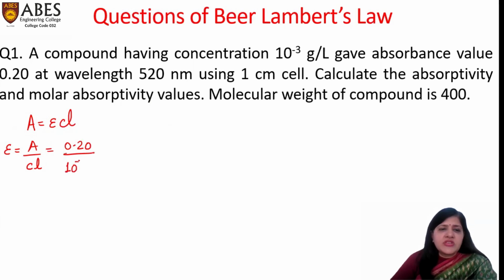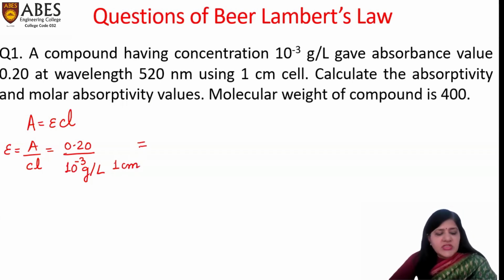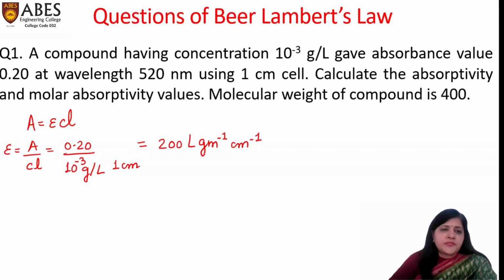Concentration is 10 raised to the power minus 3 gram per liter, and path length, that is the cell, is 1 centimeter long. This is epsilon equals A upon Cl. When you calculate this, it is 200 liter gram inverse centimeter inverse. This is the absorptivity or extinction coefficient.